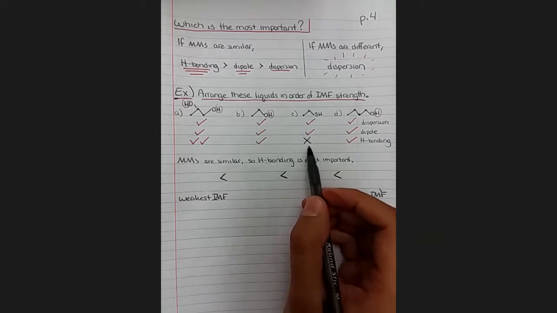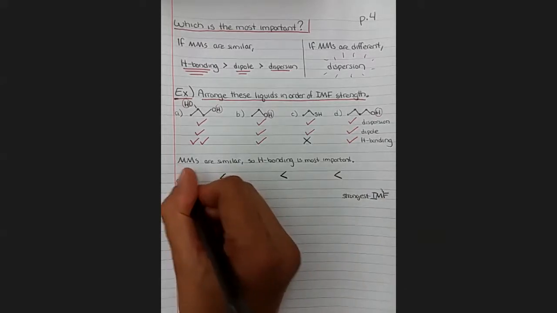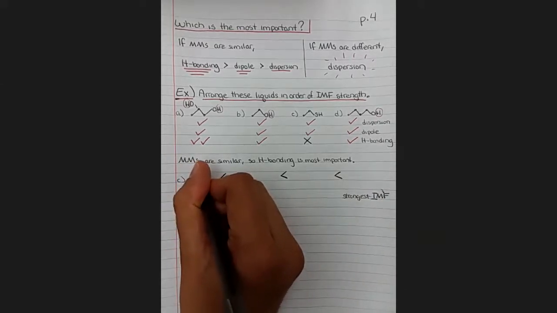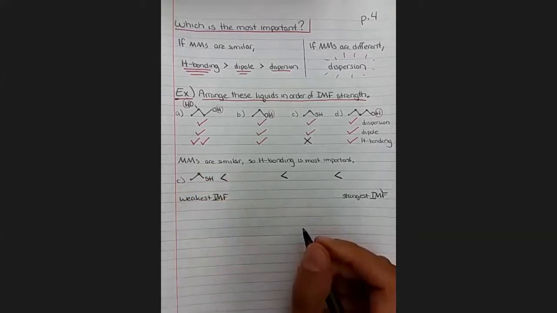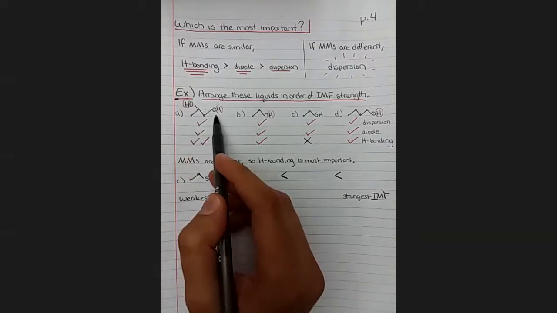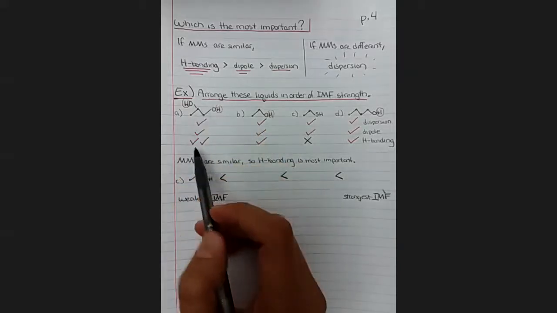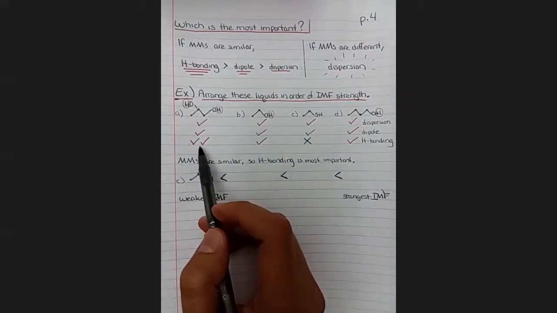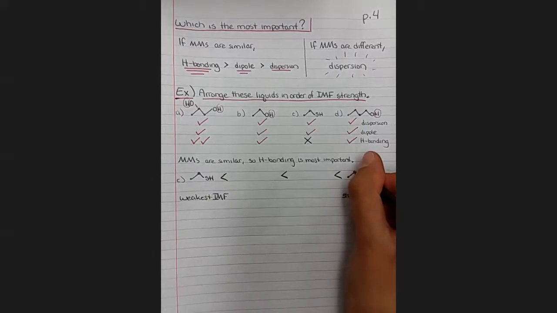So it's missing that force, and that's going to mean its intermolecular forces are the weakest. So we'll put that at the bottom. The other thing that stands out for me is molecule A had 2 hydrogen donor sites. And we said hydrogen bonding was the most important thing that we cared about, and this one has twice as many opportunities to do that. So it is going to be the strongest.